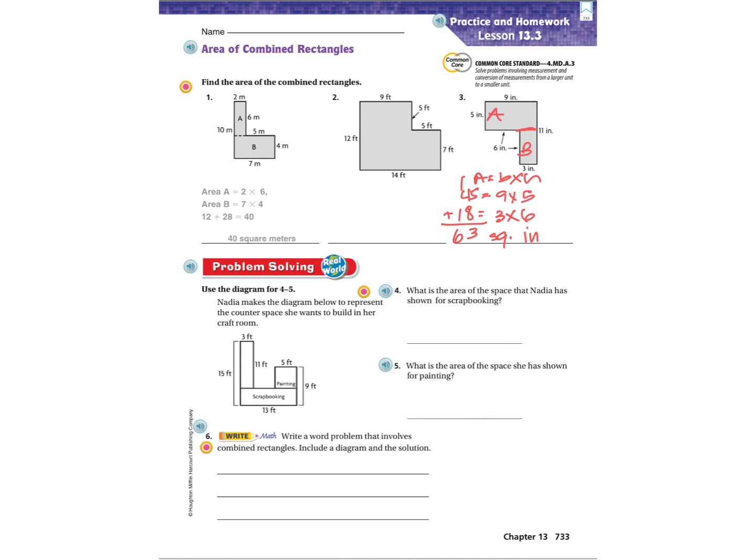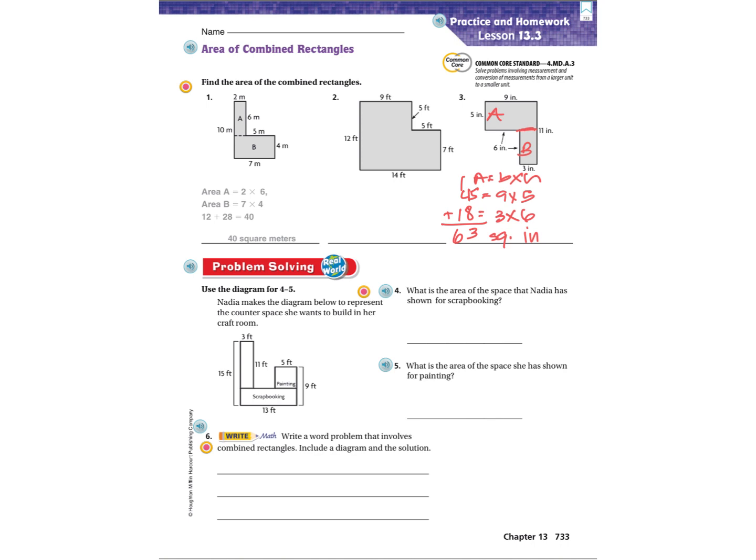All right, if we look at 4 and 5, the directions say to use the diagram. And it says Nadia makes the diagram below to represent the counter space she wants to build in her craft room. So to find 4, it says what is the area of the space that Nadia has shown for scrapbooking? So this bottom section. Okay, so if we look at scrapbooking, what formula do we need to find the area?